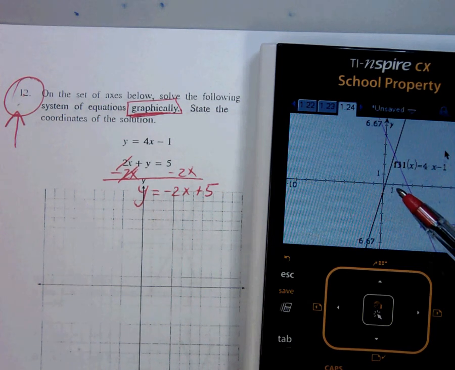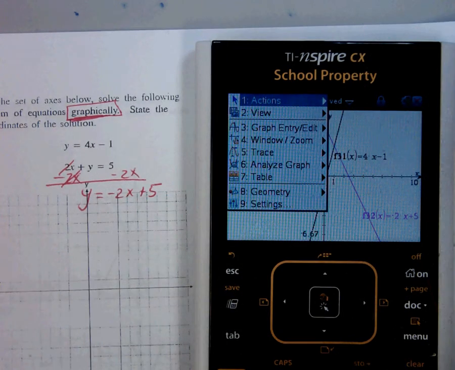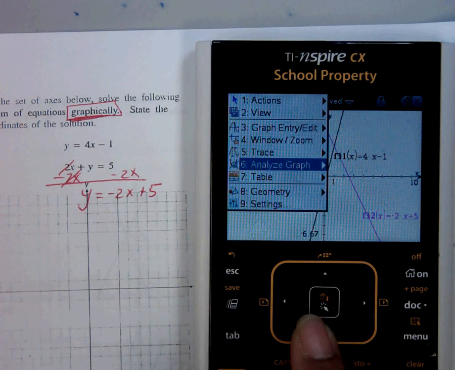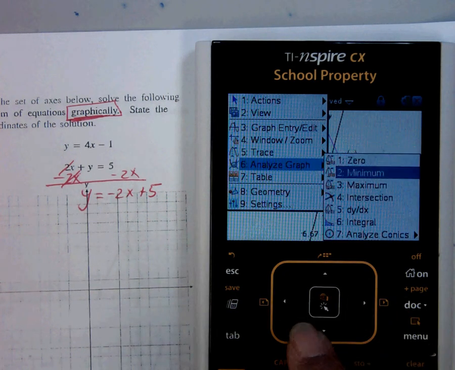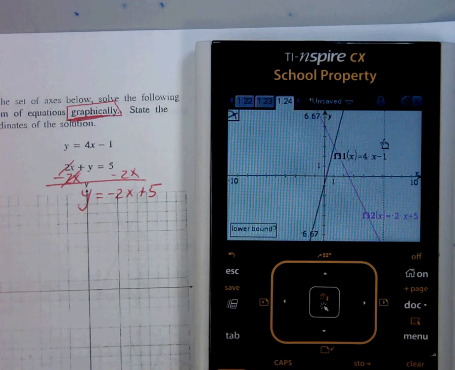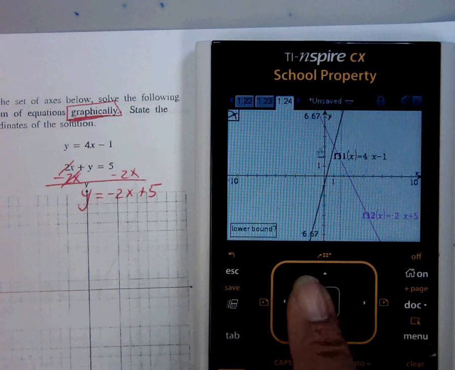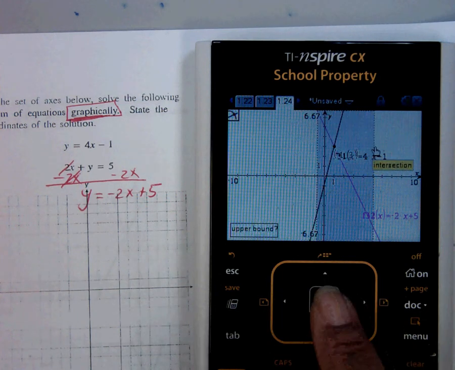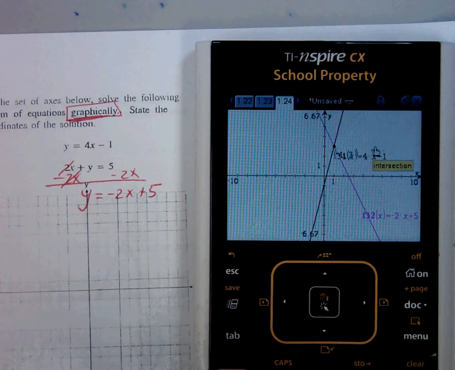Now that we have both of them graphed, let's figure out where they intersect. You go here, and then you go here. Lower bound, click on the left, slide it over to the right, and you should see the answer.